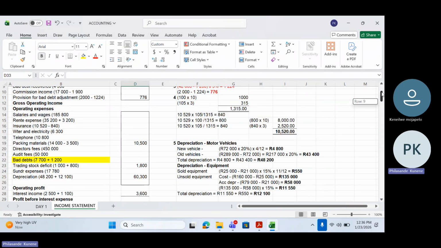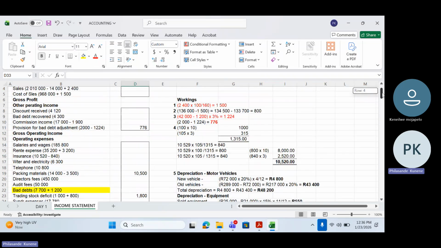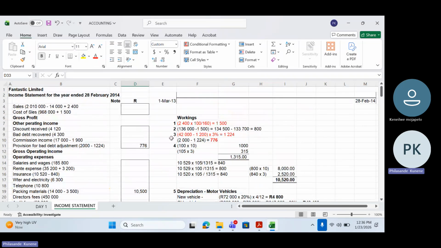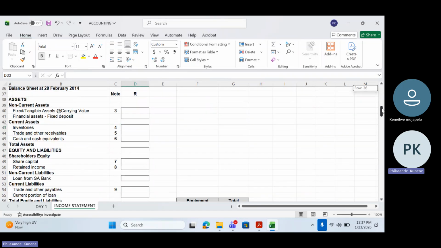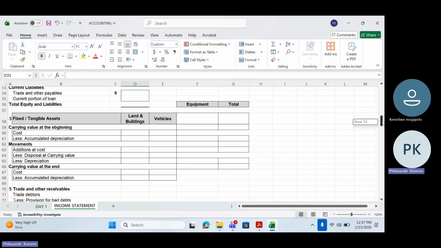Then now we've considered all our transactions and nothing else is going to affect my income statement. Now I can close off all these amounts that are here and put them in the total column and complete my income statement. But before we do that, I want us to work on this fixed asset note.